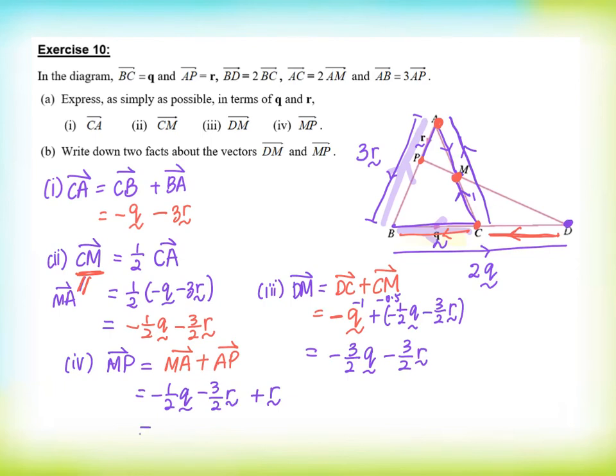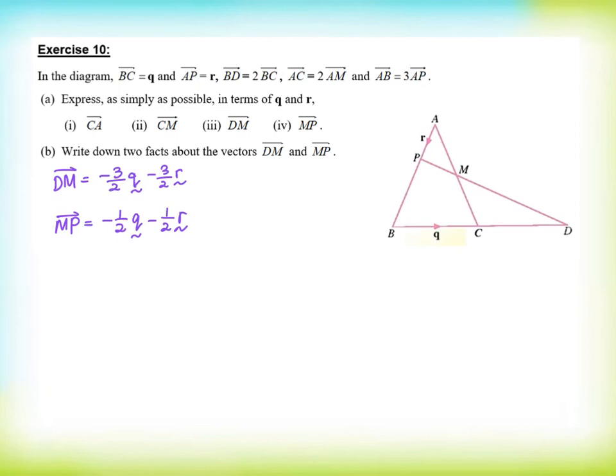Let's simplify this. I'll get a negative half Q. Now this is negative 1.5 units plus 1 unit. So I'm left with a negative half of R. So these are some of the information that I have. Now we'll continue to use this information to find out the answer for part B.